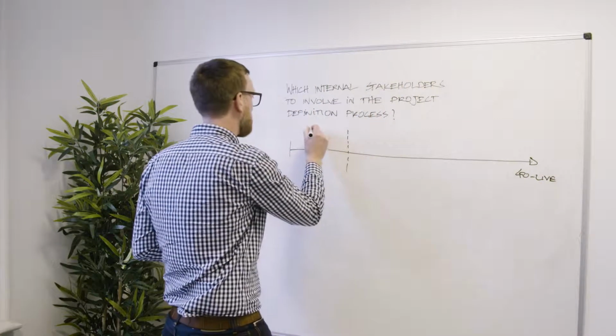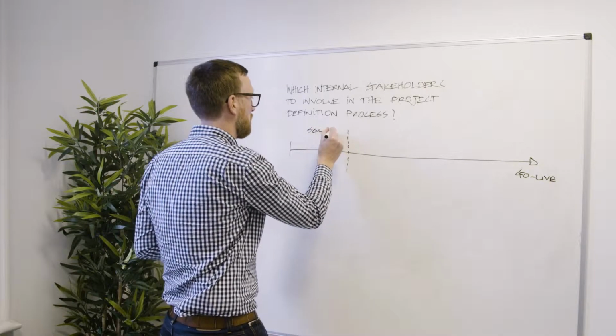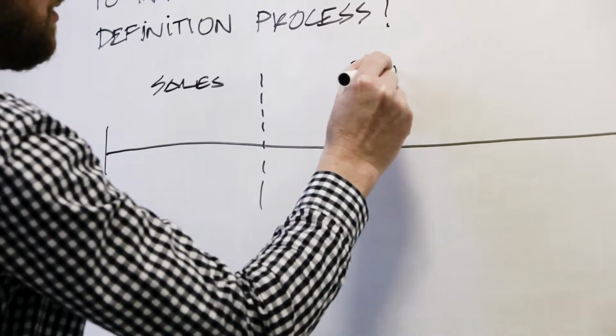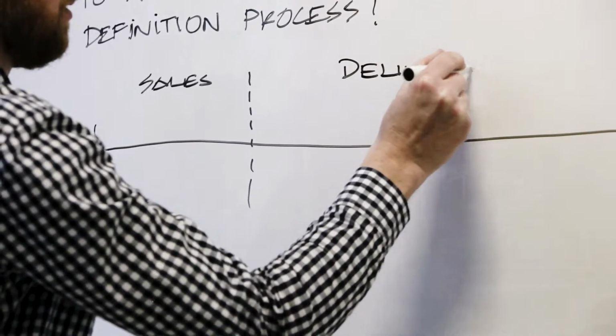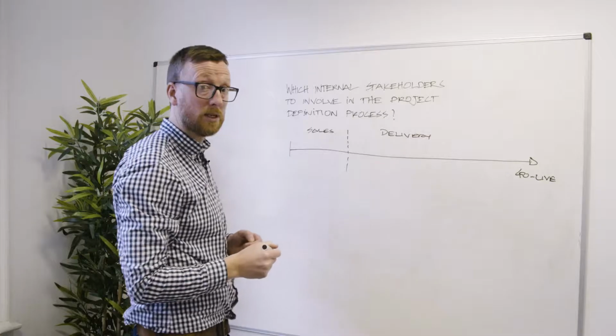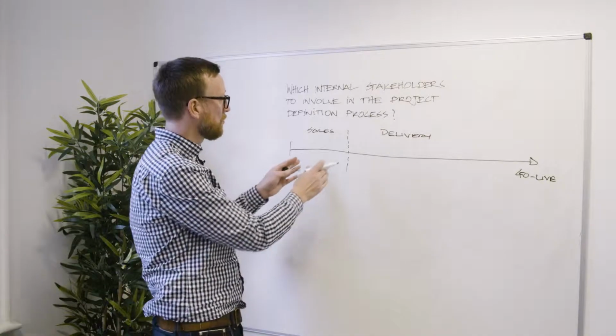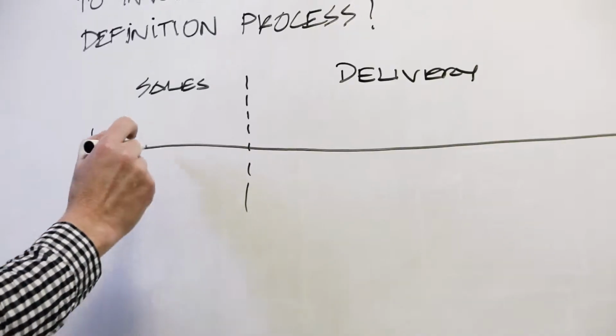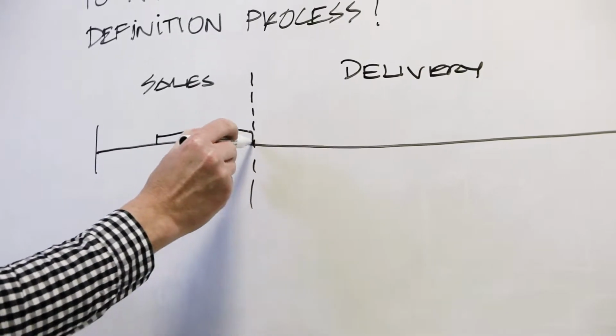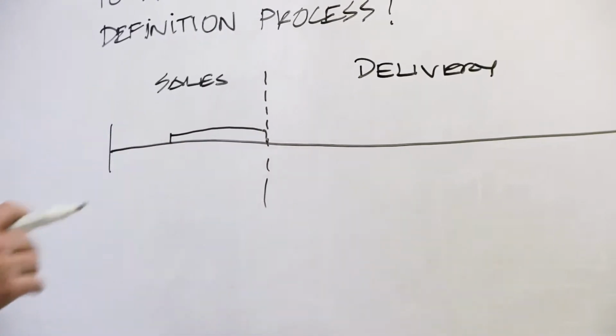So if I split this into sales and delivery, and the dotted line representing contracts signed between client and Dealflo. The project definition process really happens here, towards the end of the sales process.